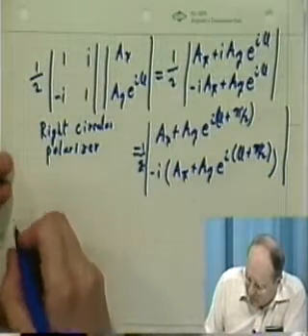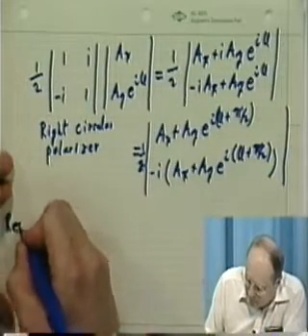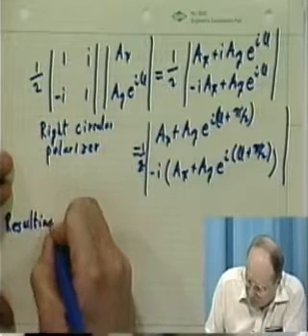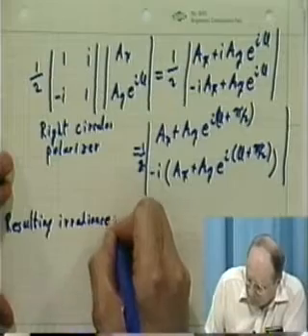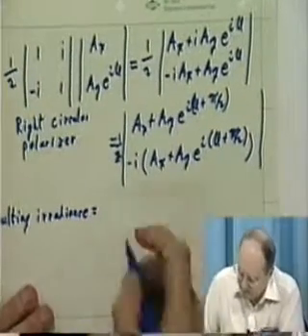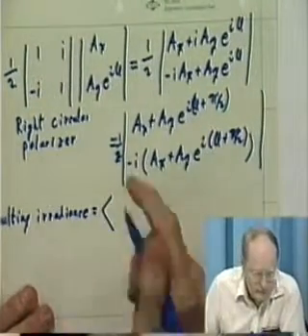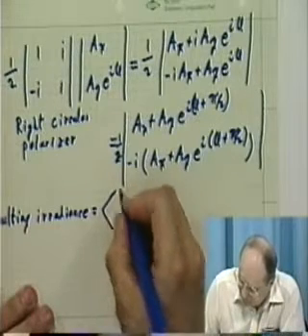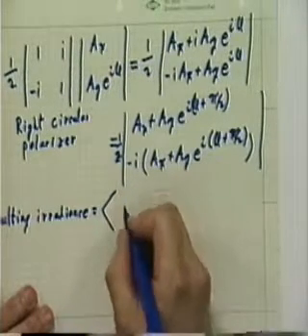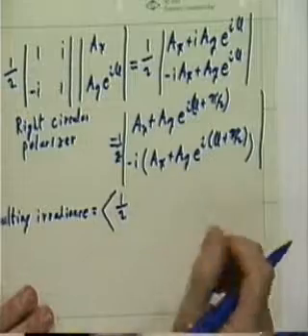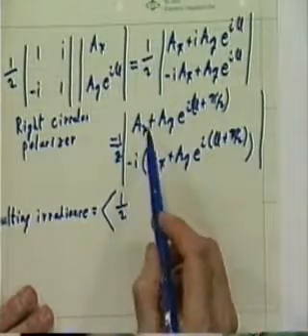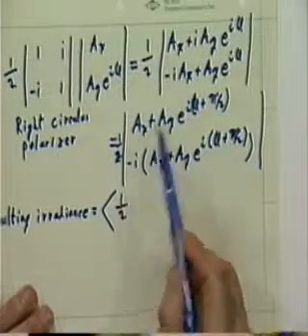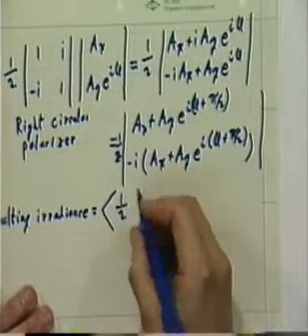And so the resulting intensity here, or radiance if you like, we can write as 1/4, when we square the 1/2, and then we're going to be adding the irradiance for here and for here, so we're going to get a 2.